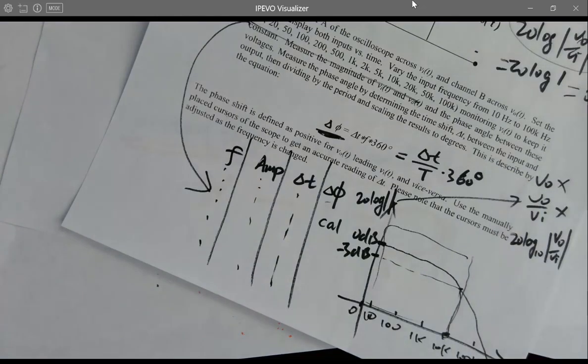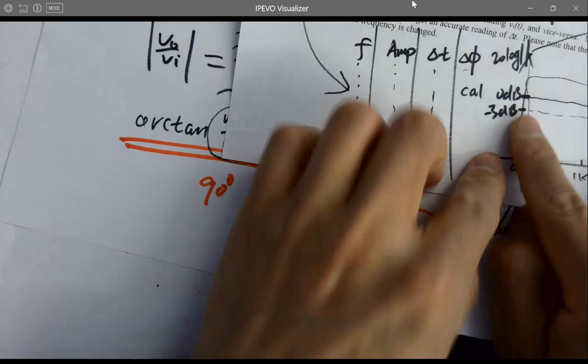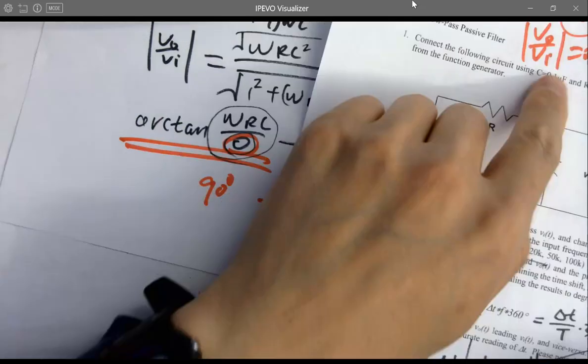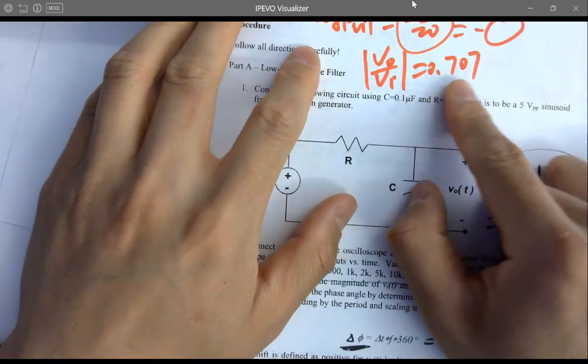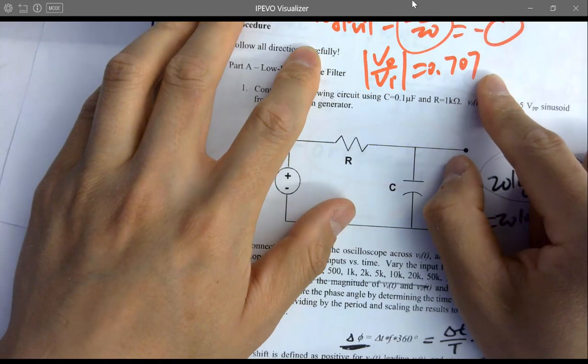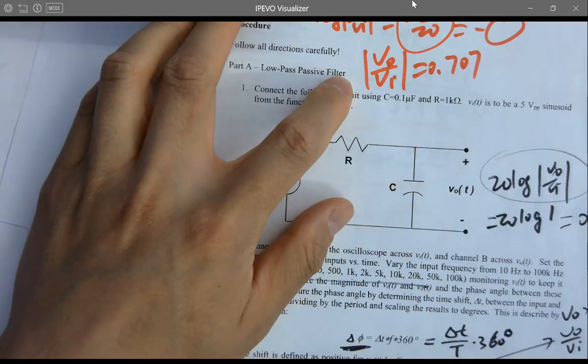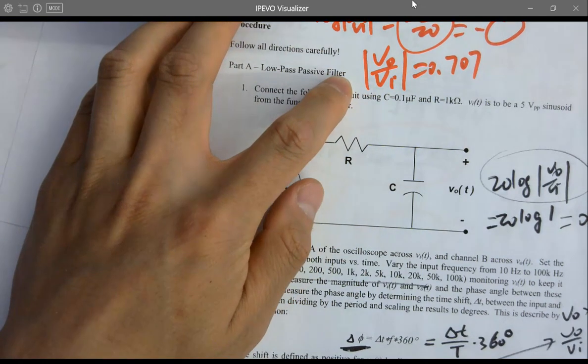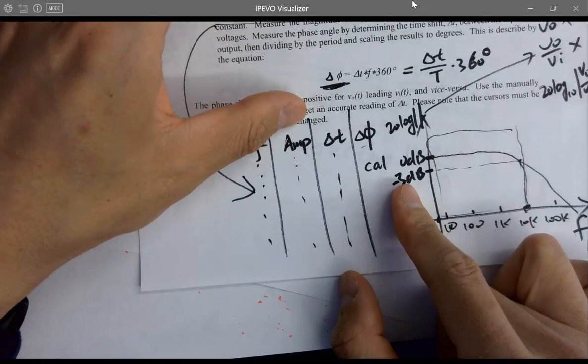When you are increasing the frequency using the knob of the function generator, the frequency is going to go up, right? And then you are looking at the sine wave. The cursor keeps measuring that sine wave until you see a 0.707 attenuation. You stop at that frequency. So you know that frequency will be the minus 3 dB frequency.